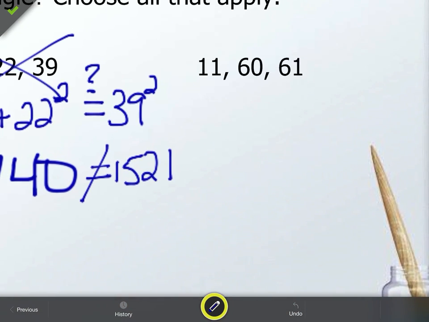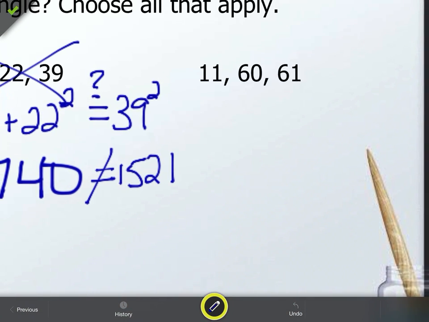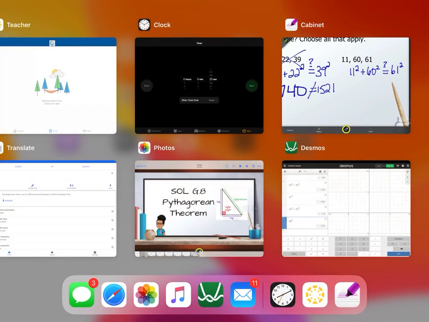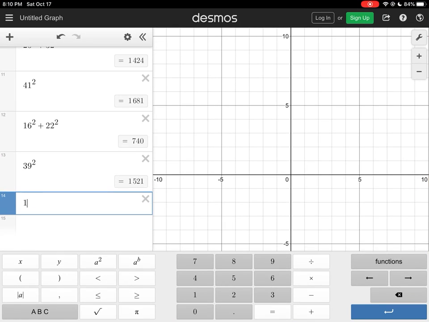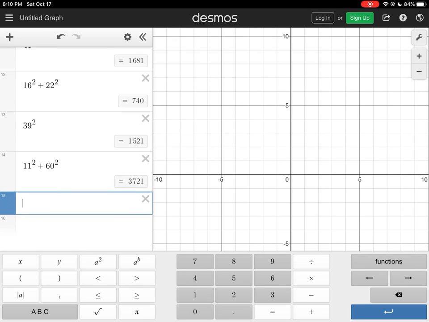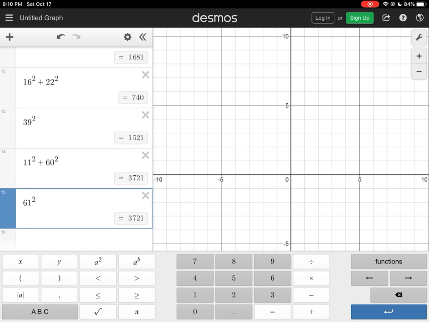And last but not least, 11, 60, 61. Okay. I'm going to check it. 11 squared plus 60 squared. And while I'm here, so I don't have to keep flipping back, 61 squared. 3721.